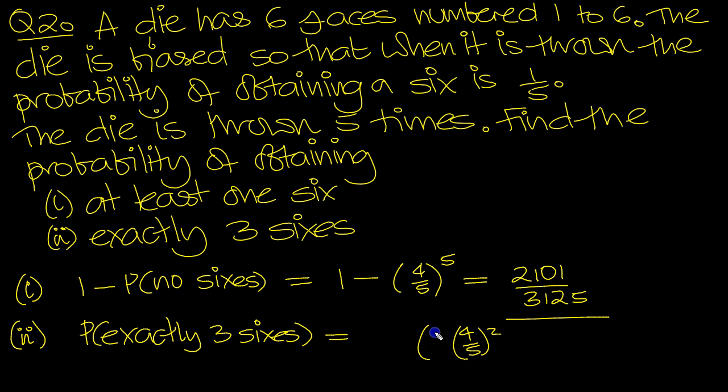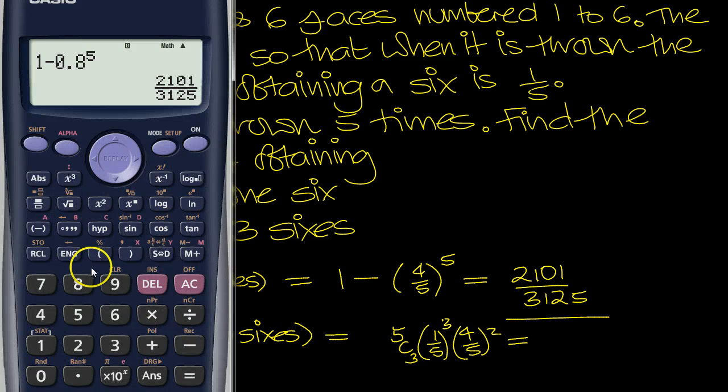You'd need 3 times when it was a 6, of course. And how many ways can that happen when you've got 5 throws? Well, it'll be nCr, 5 choose 3, 5C3. Okay, 5C3. So let's tap that in the calculator then.